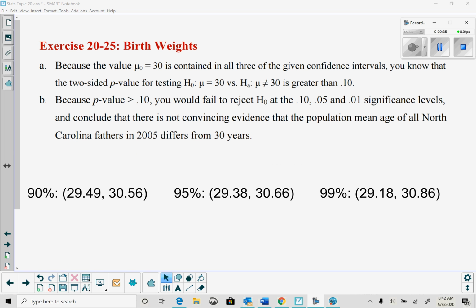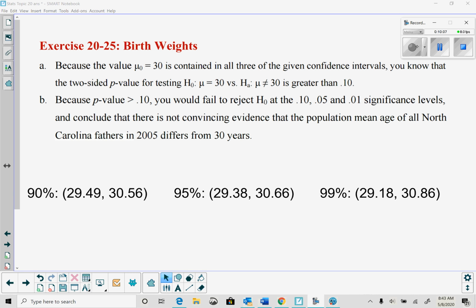And then there were a few questions about number 25 and how this all plays out. A survey conducted in North Carolina back in 2005 looking for a confidence interval for the mean age among fathers of newborn babies. Okay, so going with the 90% confidence interval, it's 29.49 to 30.56.